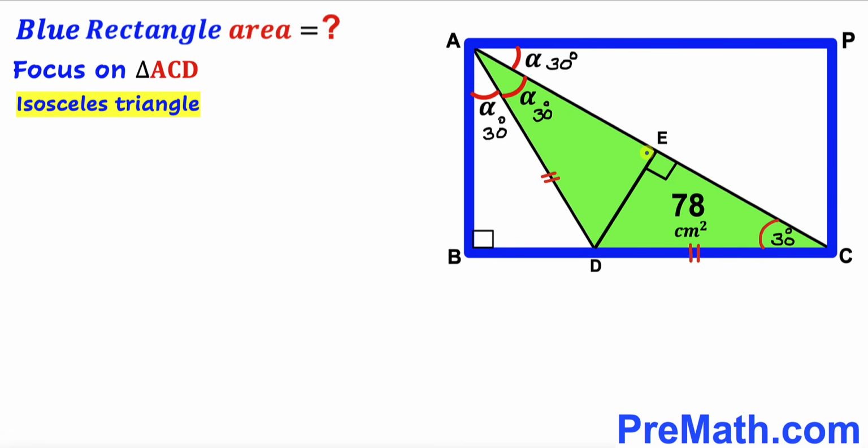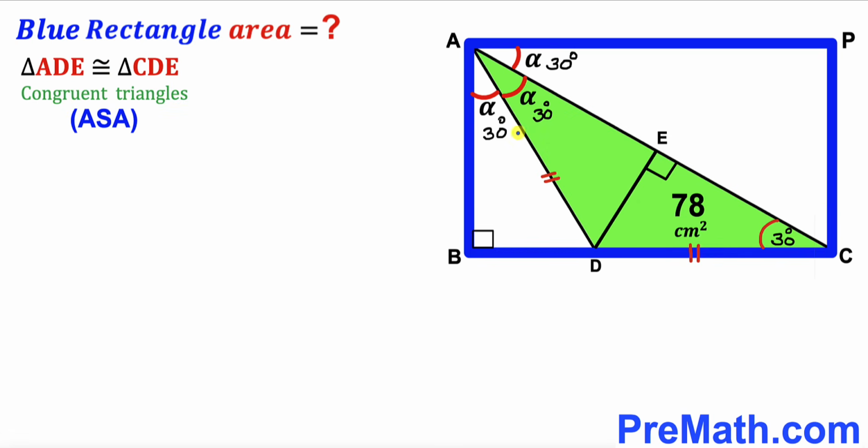And now in this next step, I have dropped this perpendicular DE on this diagonal AC. And now we can see that this right triangle ADE is congruent to this other right triangle CDE, according to our angle side angle congruency theorem.